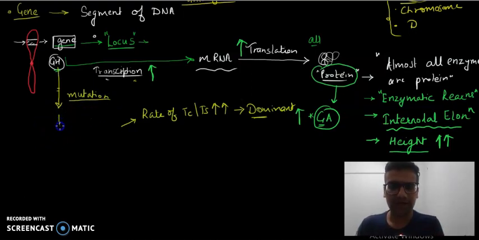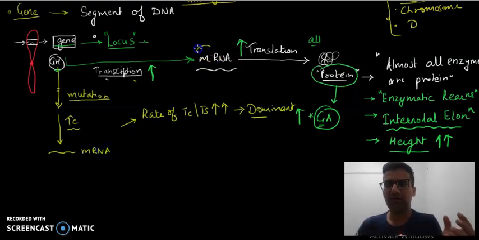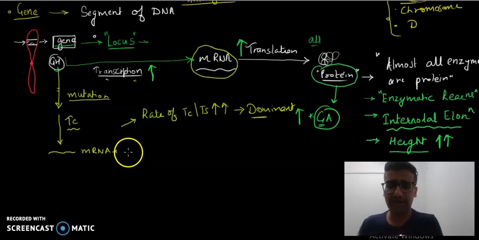Let us consider this gene after undergoing mutation, it undergoes transcription and translation. By transcription, the mRNA is formed, but this mRNA will not be similar to the mRNA in the first case we studied. So this is the changed mRNA, or you can say the faulty mRNA.